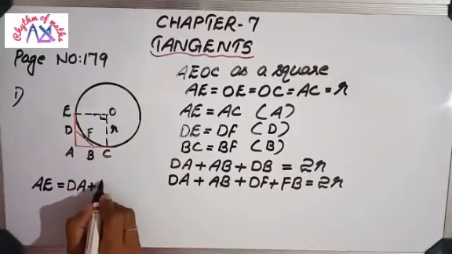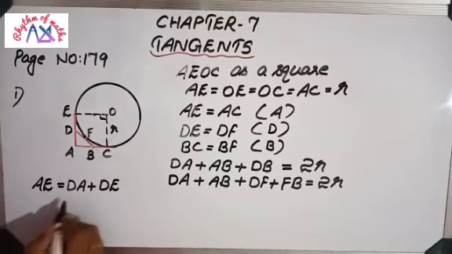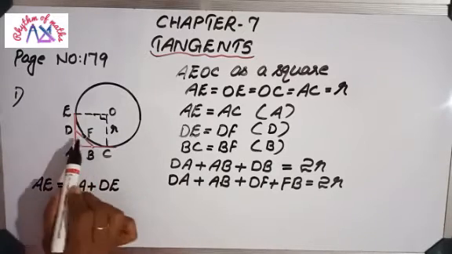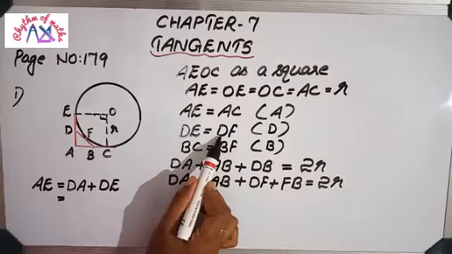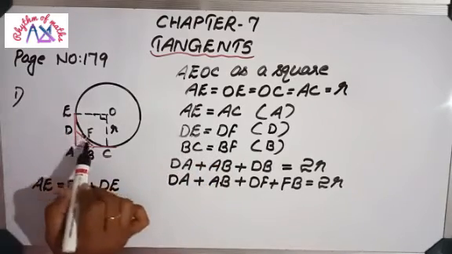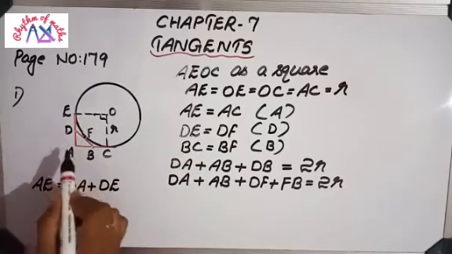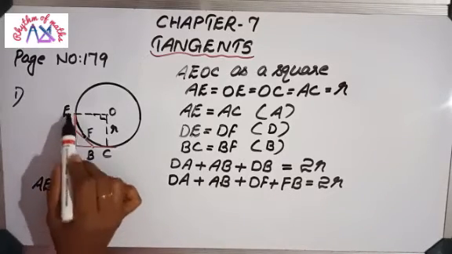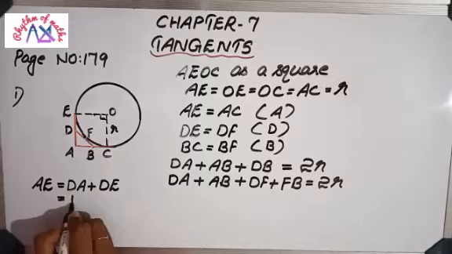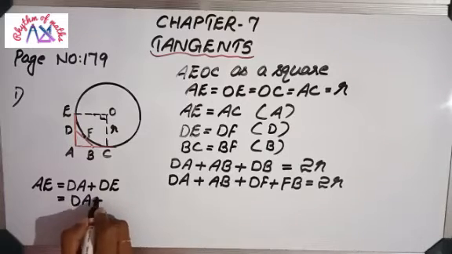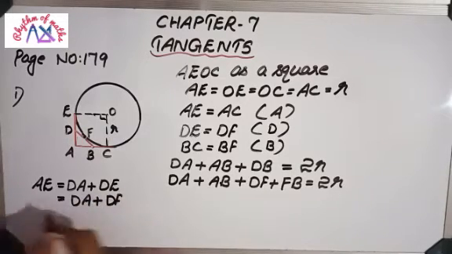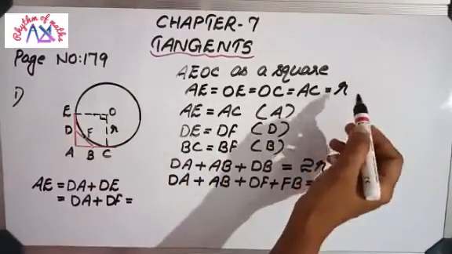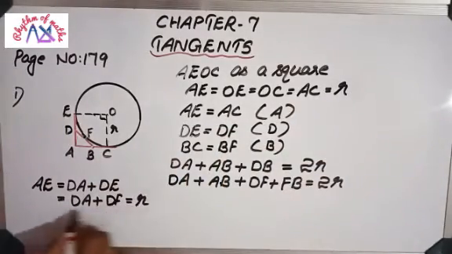We can split it like this. And here DE equals DF. We don't want DE, we need only these measurements. So since DE and DF are equal, instead of DE we can write DF. This measurement is equal to AE, which equals the radius R. So the first portion we got as R.